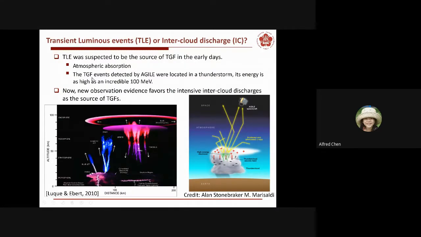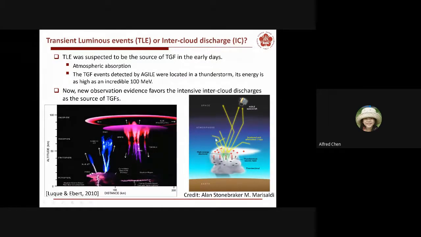But the terrestrial gamma ray flash events detected by AGILE, an Italian satellite, were all located in a thunderstorm. Its energy is as high as an incredible 100 MeV. So they give a cartoon like this: in the thunder cloud, the positive charge and the negative charge form a very strong electric field, and some high energy electrons from a cosmic ray or from outside will trigger the avalanche process, and then generate gamma ray here.